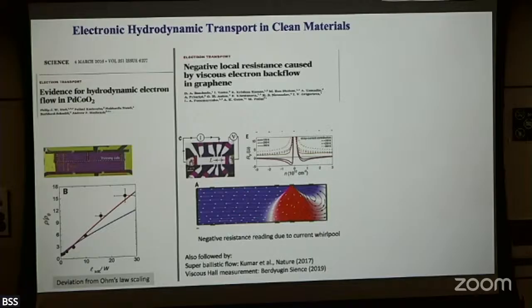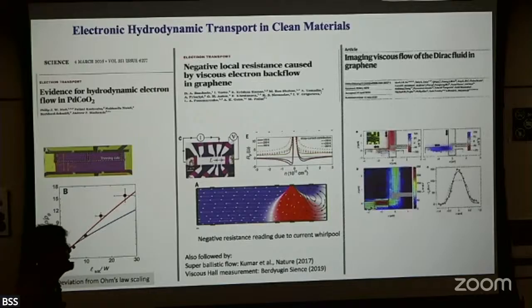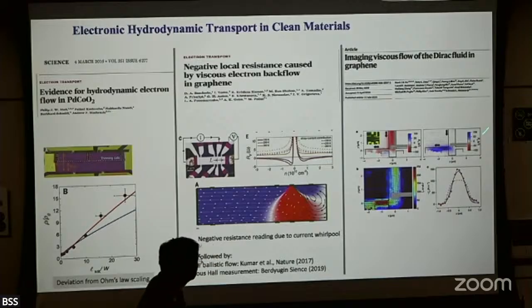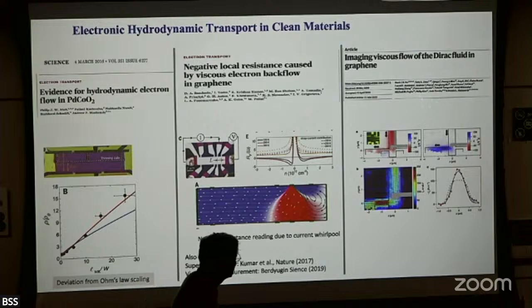More direct than this measurement is what comes from real-space scanning imaging, and there are a few groups actually. I'll just pick one of the results here, which is coming from Harvard, a collaboration including myself, Amir Yacoby, and Ron Walsworth.